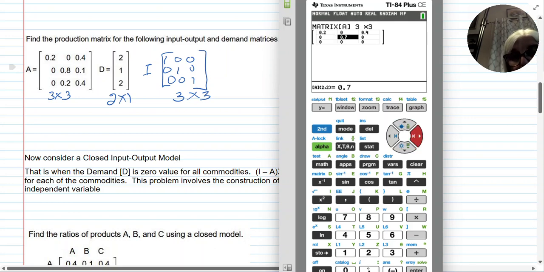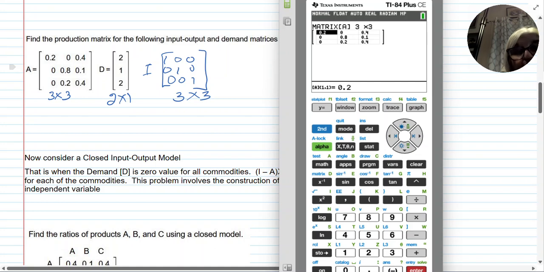That should be a 0.8. 0.1. And 0, and that's good. And 0.2. Again, patience is a virtue. All right, so there I have it this time. So I enter, and I got all of my numbers good.